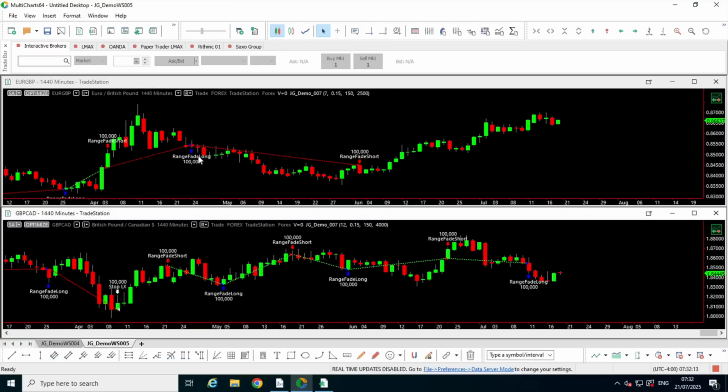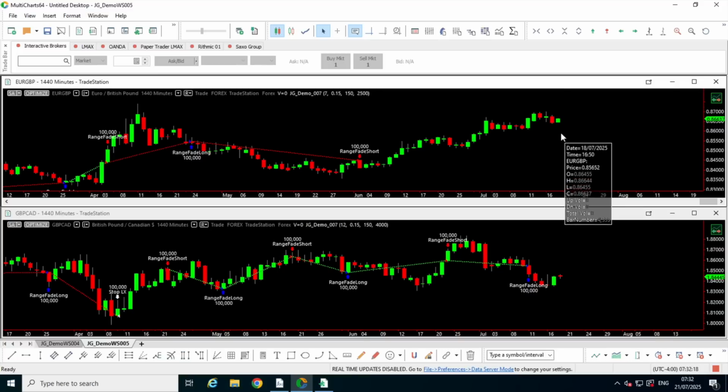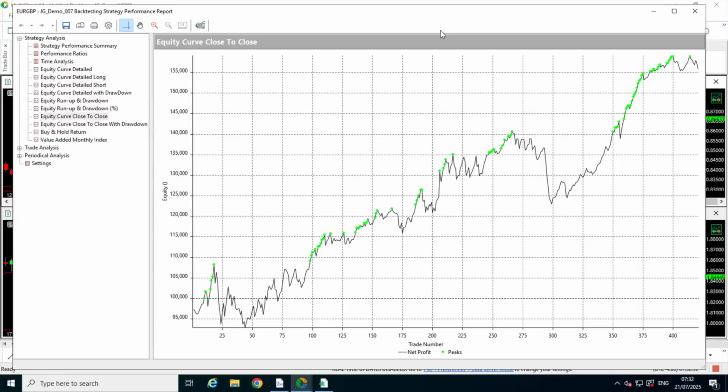So here they both are, euro pound, and they've both got data up to the last date, which is the 18th of July 2025. So it's including data from 2008 through to 2025. That's what the equity curve looks like. We can see we are making new highs. It's just rolled over a little bit recently, but we've seen much worse and we've seen recoveries. So I'm happy to say that that is making new highs.